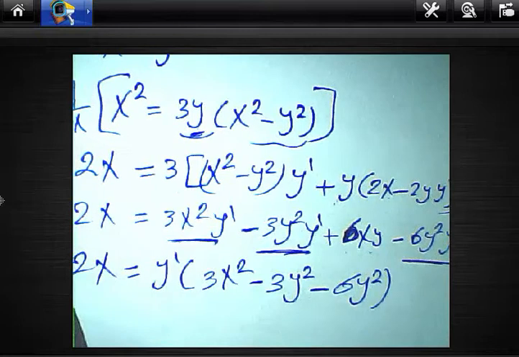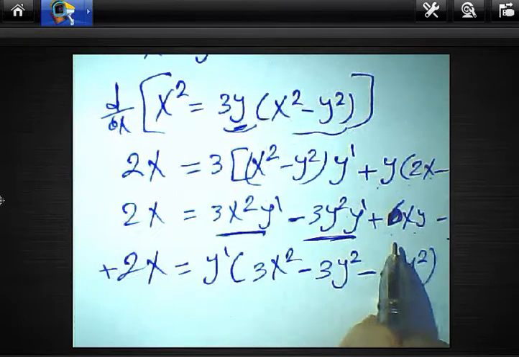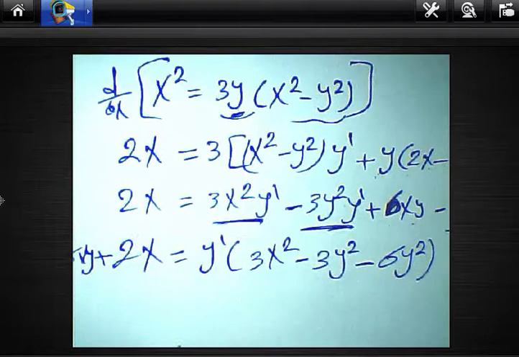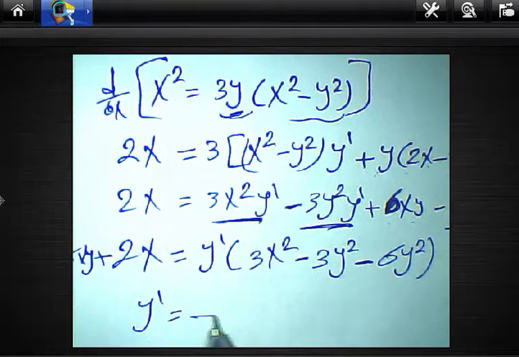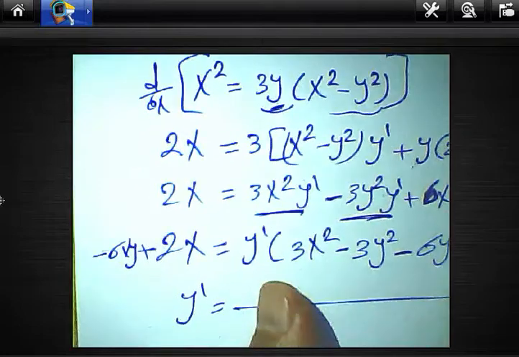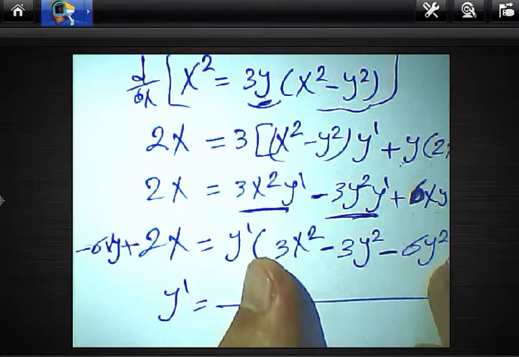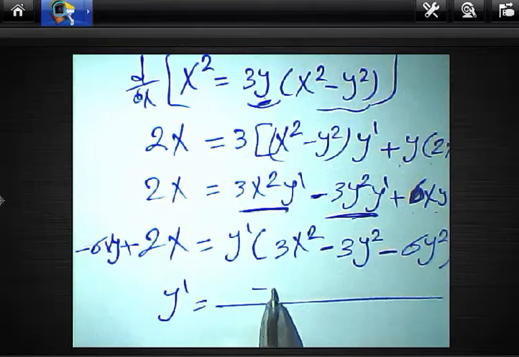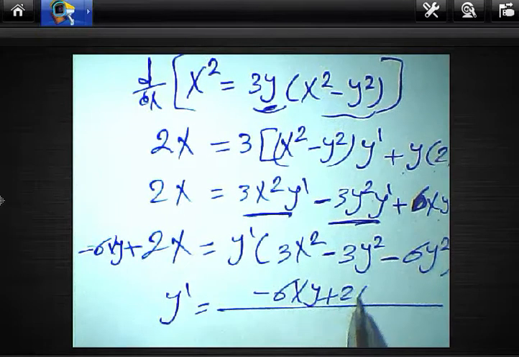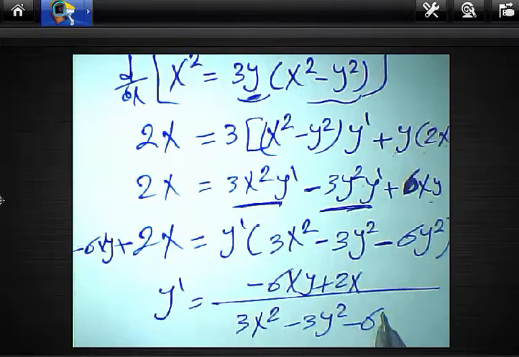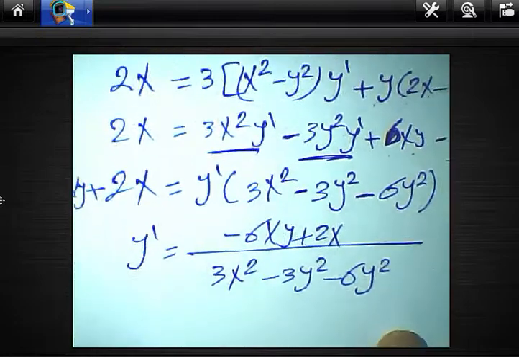We can move it to the left hand side by converting the sign, it will be negative 6xy. Then y dash equals this expression divided by its coefficient. Okay, divided by this expression, so we can write negative 6xy plus 2x over 3x squared subtract 3y squared subtract 6y squared.